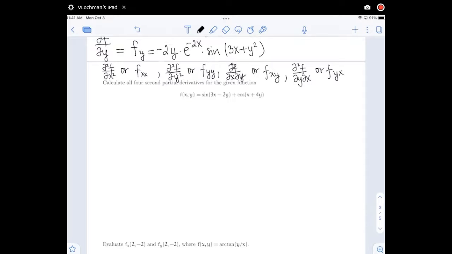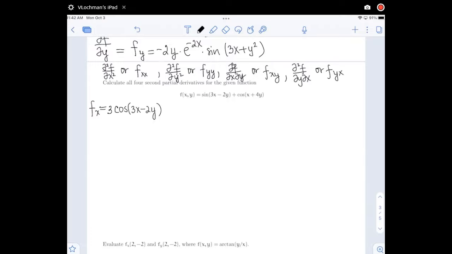Okay, first let's compute f subscript x. What is that? Let's see. So derivative of sine is cosine, and times the derivative of the inside with respect to x. So that would be 3, right? I'm going to put it right here.